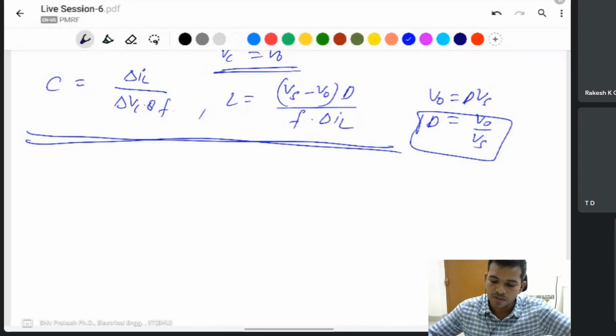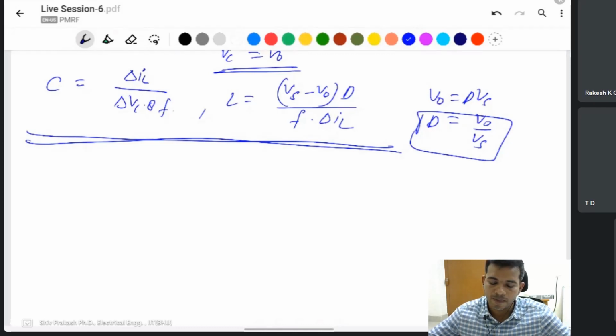Sir, one doubt. Yeah. In the Fourier series, we were discussing a square wave. Yes. There we are calculating In for calculating the displacement power factor. We need to calculate Is1 RMS by Is RMS. Yes. For I source RMS we found it to be I naught.